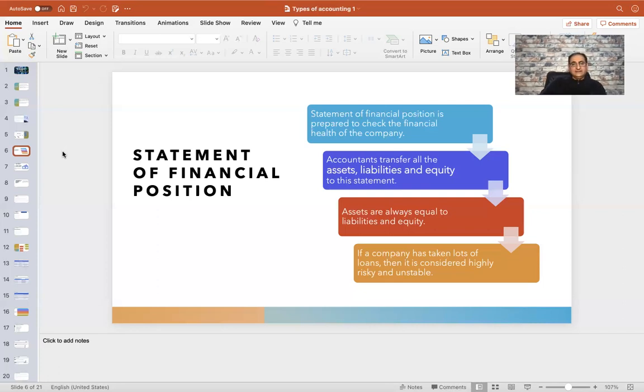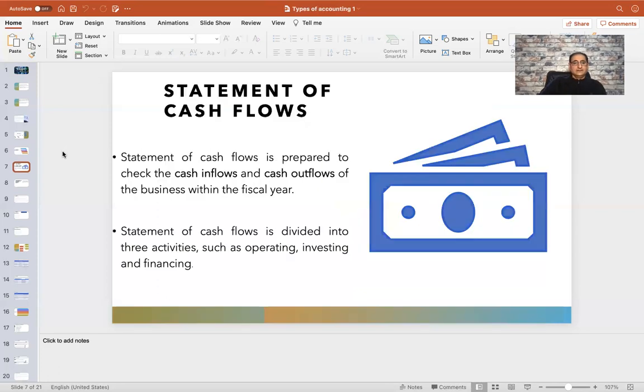Okay, now the third financial statement is the statement of cash flow. So this statement is prepared by the accountants to check the cash inflows and cash outflows. The cash which is coming into the organization is cash inflow, otherwise it is cash outflow.